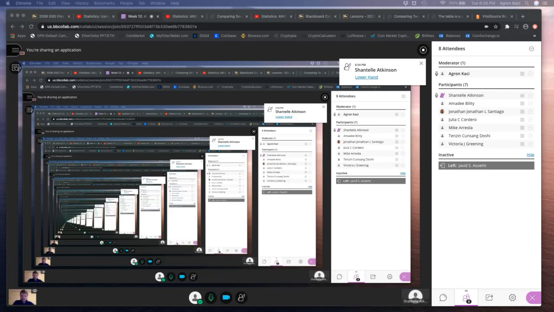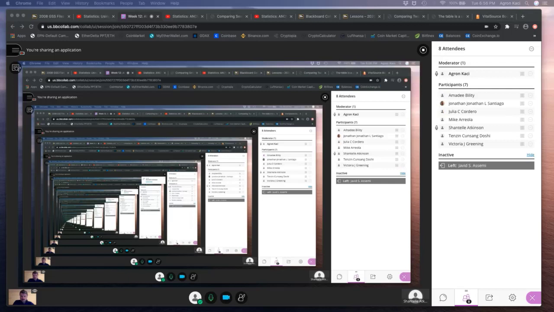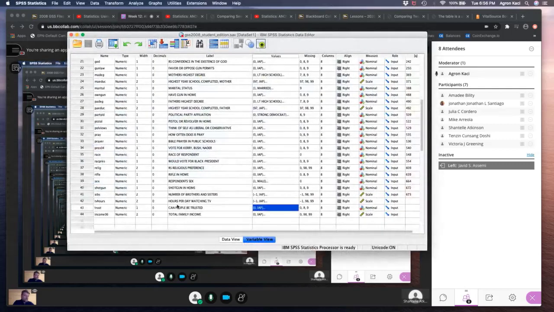Was it 47.4? No, the variable is have gun in home, right? Have gun in home.